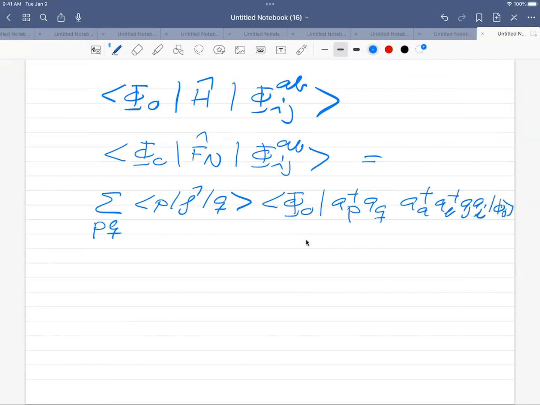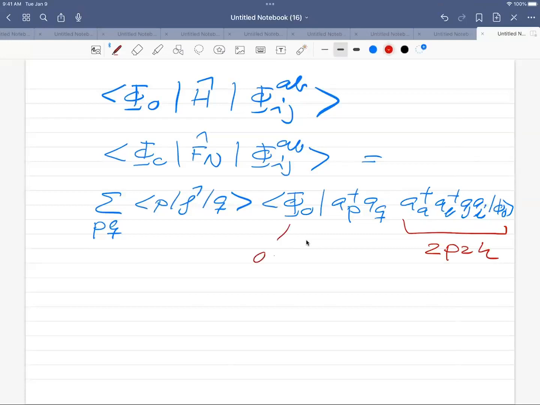Now, if you look at the terms here, you can immediately see that this also has to be 0, because here we create a two-particle two-hole state. If I look only at the state which I have here, this is a zero-particle zero-hole state.